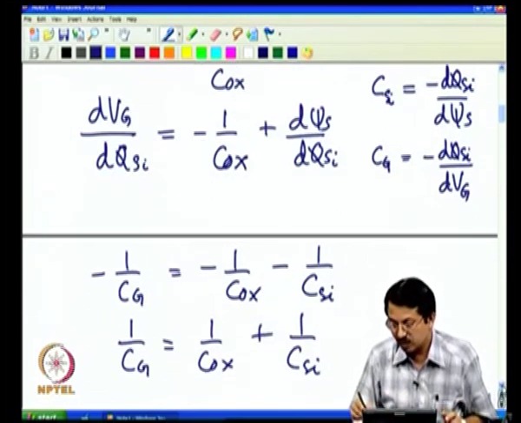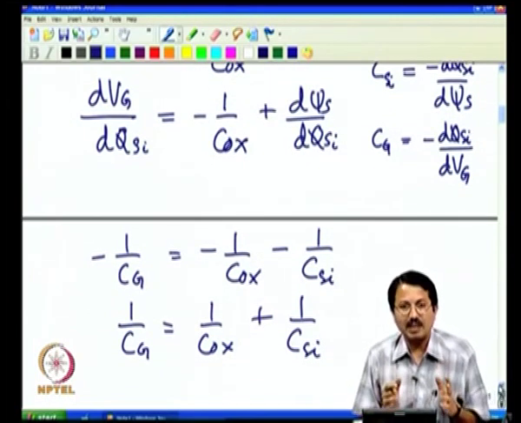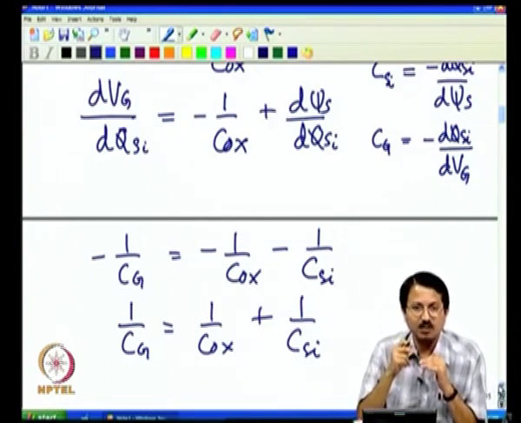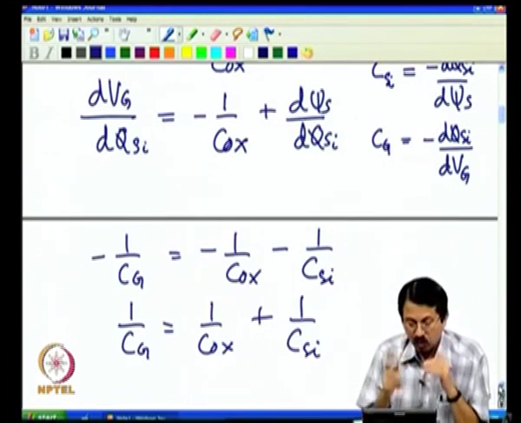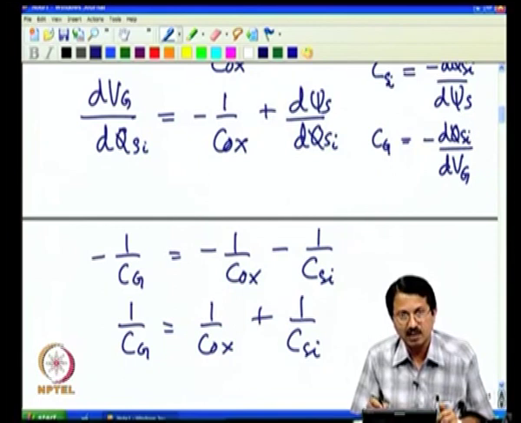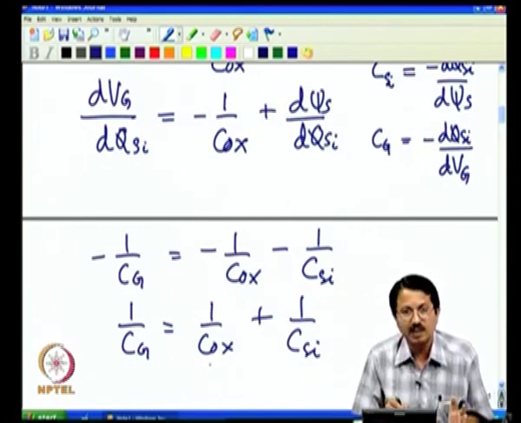So, what this is telling you is that the total gate capacitance that you would measure at different gate biases by applying that small signal AC is going to be modeled as a series combination of two capacitances. One is Cox, which is an insulator capacitance.